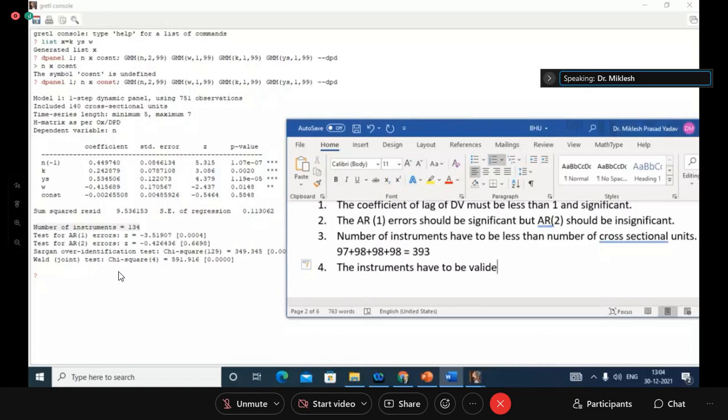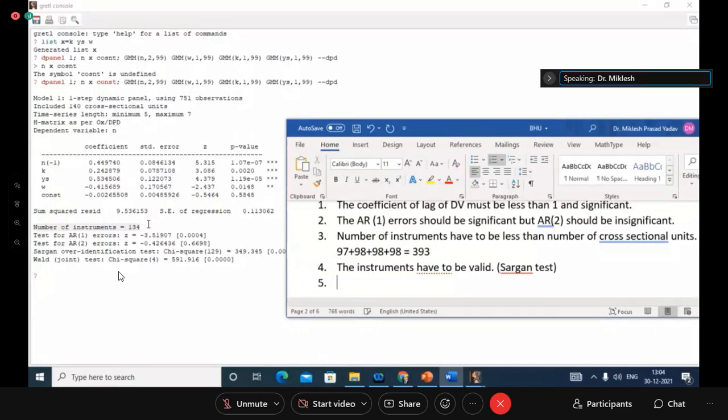Instruments have to be valid means what? Whatever instruments you have considered, like 134, either they are valid or not. Either these instruments are valid or not. That can be tested with the help of the Sargan test.